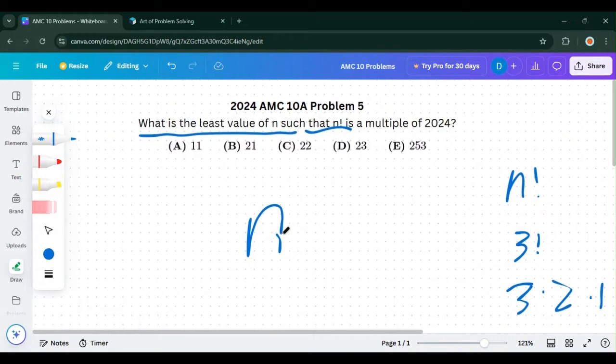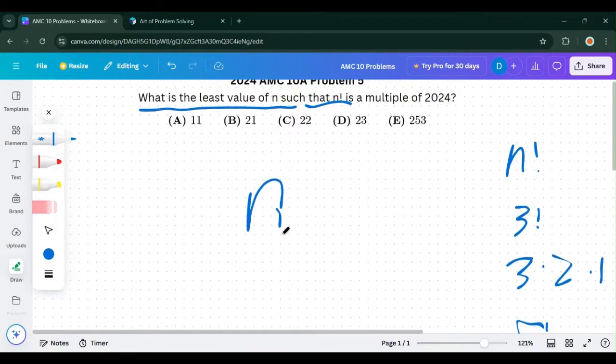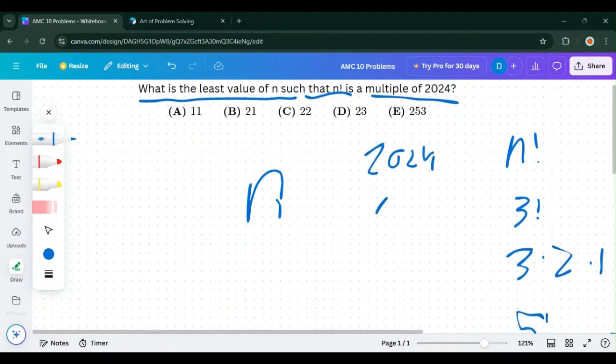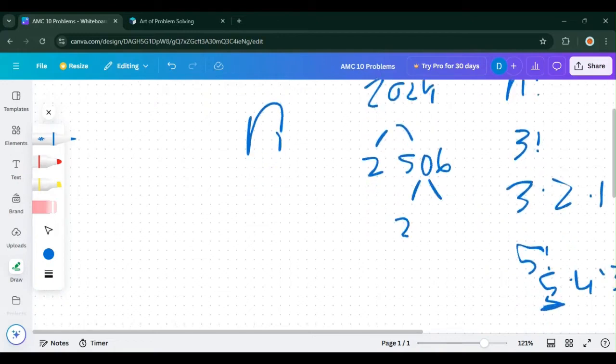And it says that n factorial is a multiple of 2024. So whenever you see a multiple of one such number, or any number, you want to make sure that you find the prime factorization of that number. So we have 2024. The prime factorization is, I'll just write it out real quick. 2 times, oh shoot, it's 1012.